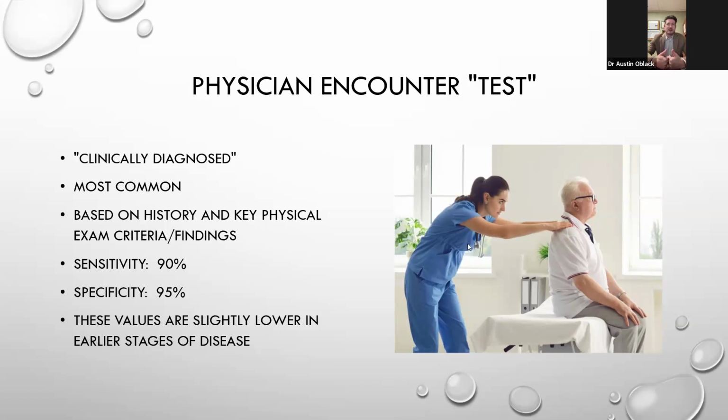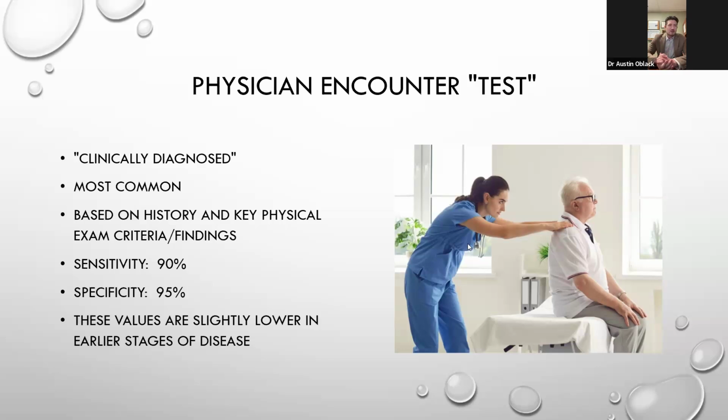These are things that most people recognize as the cardinal features of Parkinson's. They have a classic type of tremor at rest, they're stiff, they're rigid, they may have postural issues and walking issues. A clinical diagnosis means the provider is putting all of those pieces of information together to see how closely it fits with the diagnosis of Parkinson's.